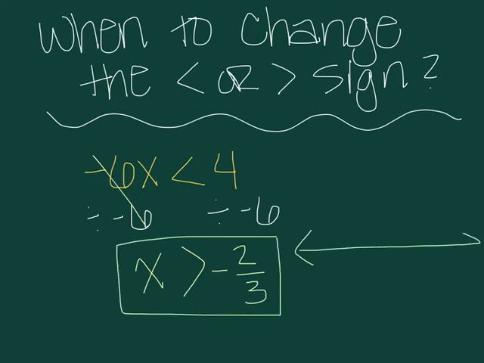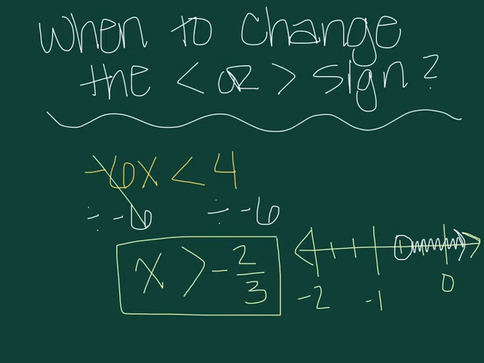So if we were to graph this, then we would know that our x values do not include -2/3, but instead are all values greater than -2/3. So you switch or change the inequality sign when you are multiplying or dividing by a negative. The other thing to remember is that if the equal sign is not included, we have an open dot.